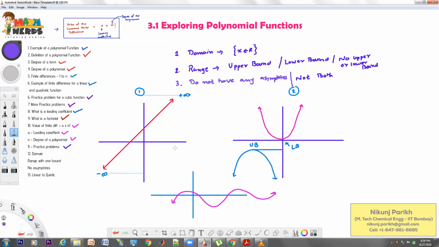Okay, so you will not find asymptotes in the case of a polynomial function. So these are three important characteristics that can be used to identify if the graph is generated out of a polynomial function or some other function.